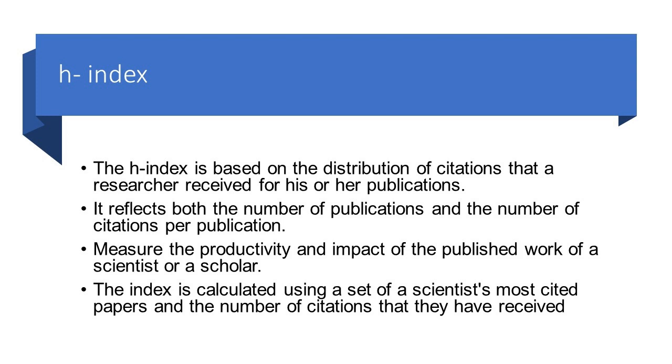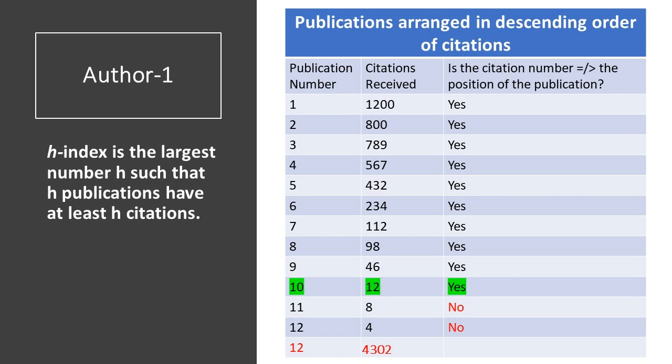Suppose this is author 1. He has published 12 papers. In the table, the first column indicates the number of publication 1, 2, 3, 4. But how is it arranged? This has been arranged in a descending fashion based on the number of citations.